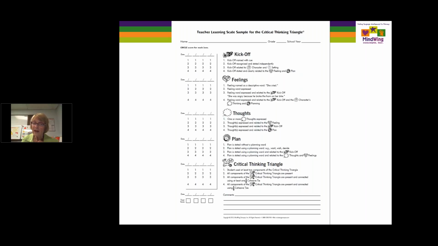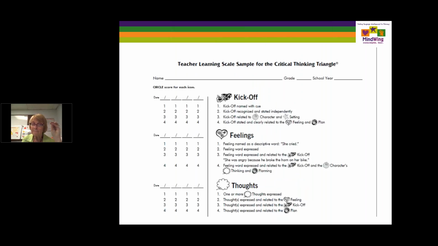One component that I've included in the slide here, but also in the product, is a scale of good, better, and best about the kickoff, the feeling, the thoughts, the plans, and the critical thinking triangle in general. It's very good for creating scales, learning scales, objectives, what the children have to know, because children should know what they're doing, and it helps us track where the children are.